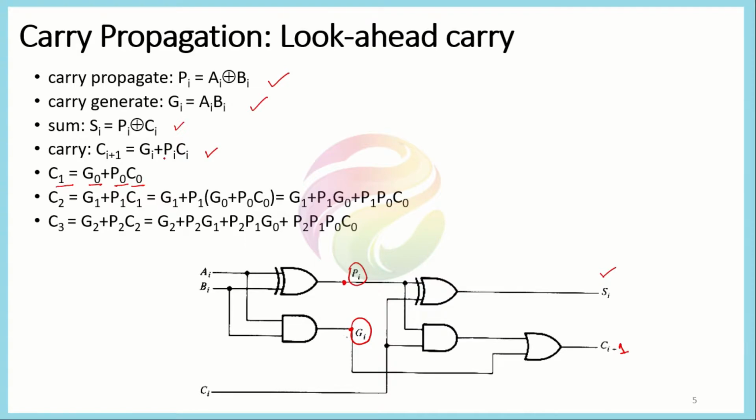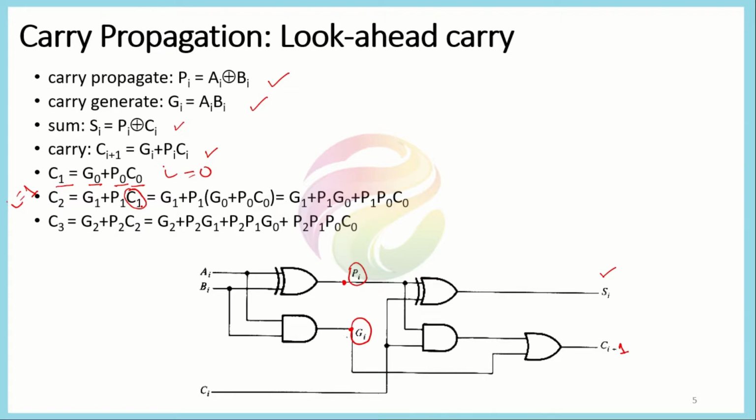Now, by a similar mechanism, if you calculate the C2 term, that is, instead of i equal to 0, you put i equal to 1 here, then we get the carry C2 equal to G1 plus P1 C1. If you look at this equation, it is dependent upon the C1 term.